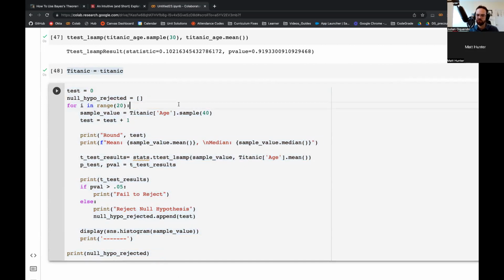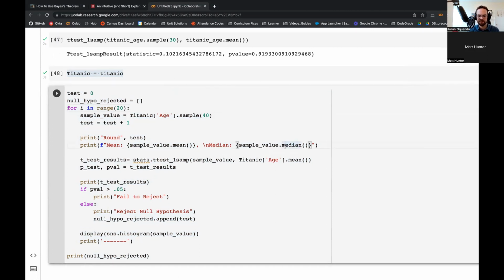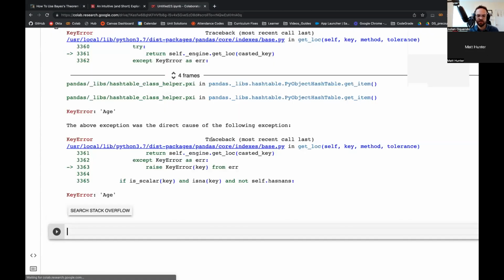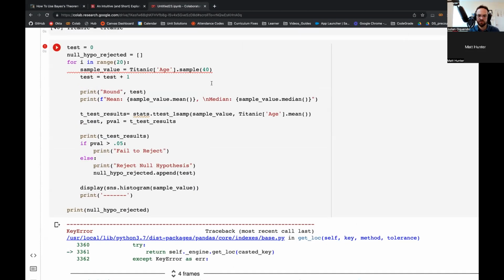So now with this, what I'm running is 20 instances of this specific test, where I take my sample value from the group itself and measure it against the average age of the Titanic distribution. Age is lowercase.